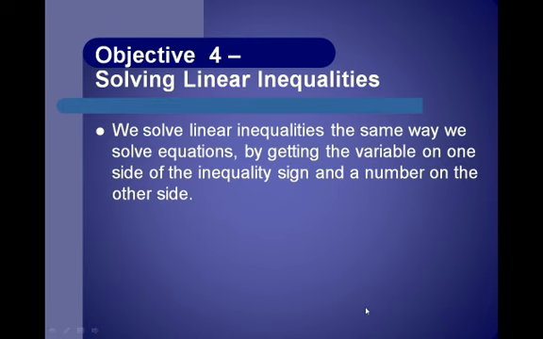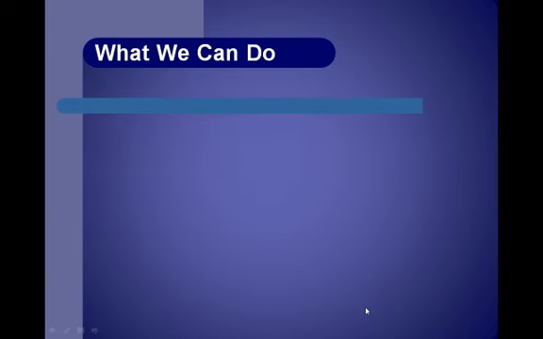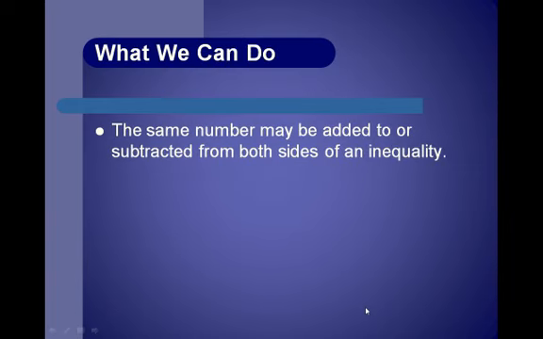Objective 4. Solving linear inequalities. We solve linear inequalities the same way we solve equations, by getting the variable on one side of the inequality sign and a number on the other side. Now if you'll remember the steps that we use for solving an equation, the same number may be added to or subtracted from both sides of an inequality.